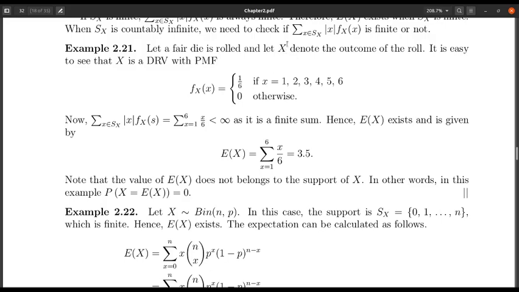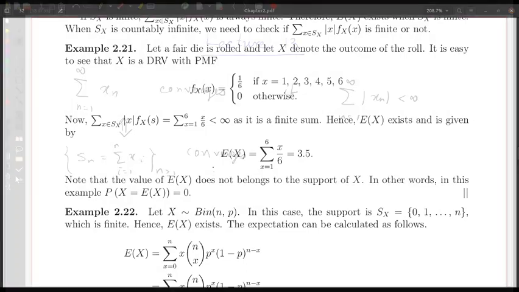Then the probability mass function of x takes the value 1 by 6 for all values 1, 2 up to 6, and it takes value 0 for all other values of x. In this case, obviously, this is a discrete random variable, that is why we are talking about the PMF. If I try to find the expectation of x, I basically need to check what the sum is.